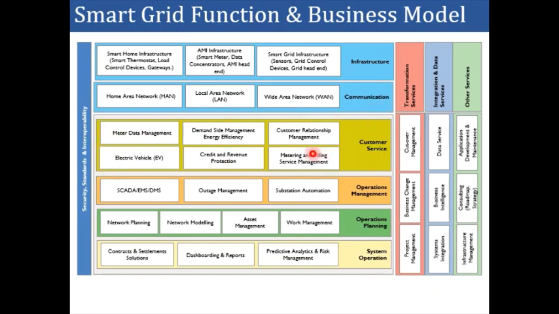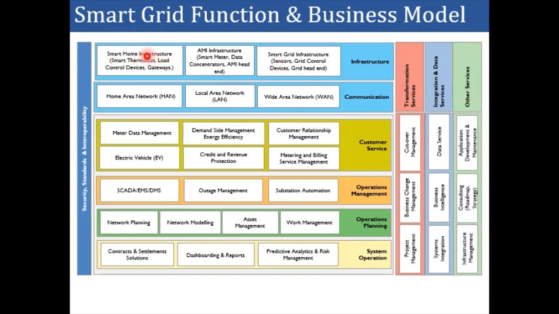To have all those things processed in a proper way, you need proper infrastructure and communication. In communication, you might have a home area network, local area network, or wide area network. For infrastructure, the data might be coming from various sources.